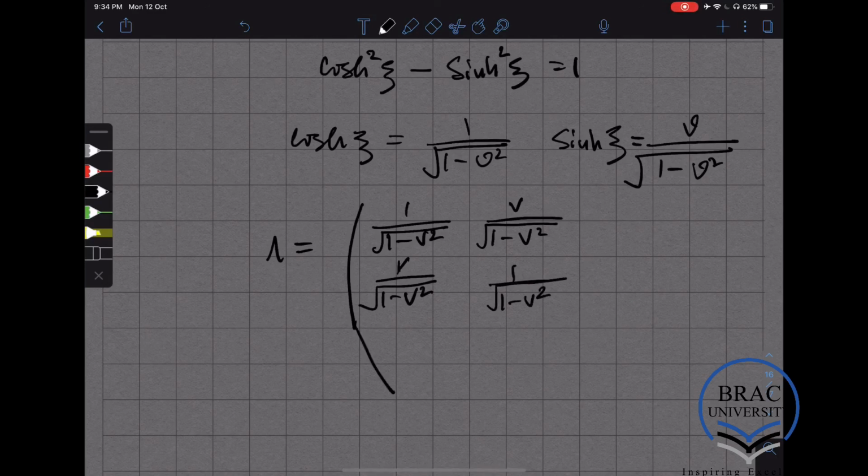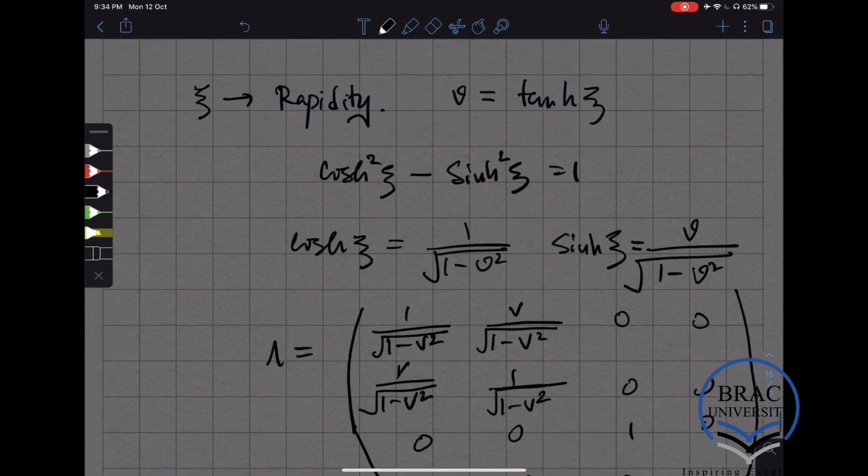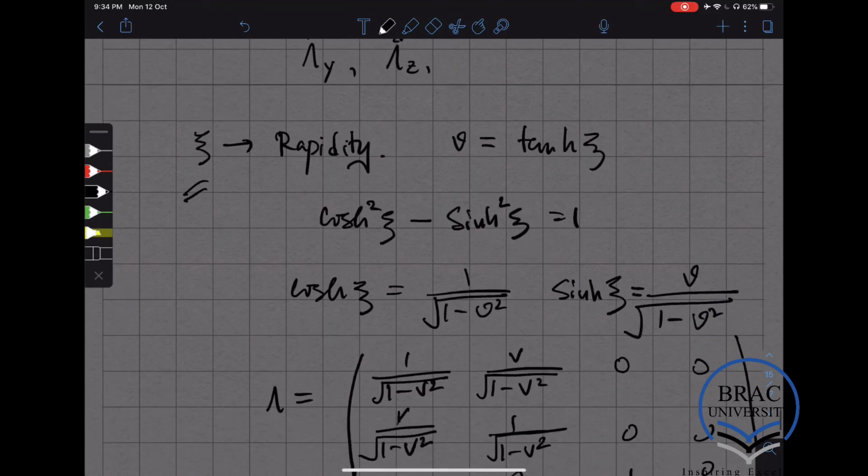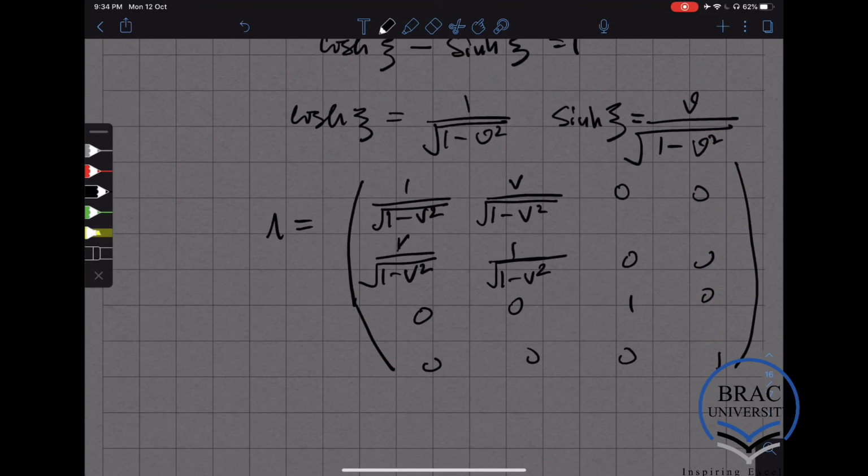In other words, it takes the familiar form of the Lorentz transformation that is usually taught in classes on special relativity.